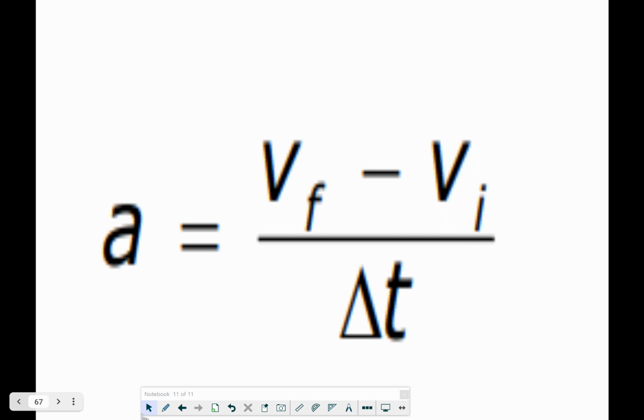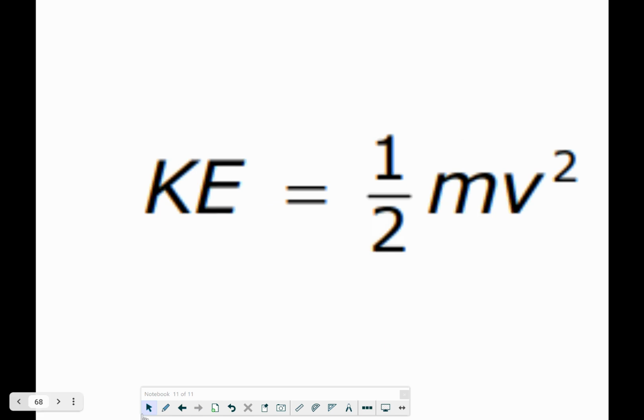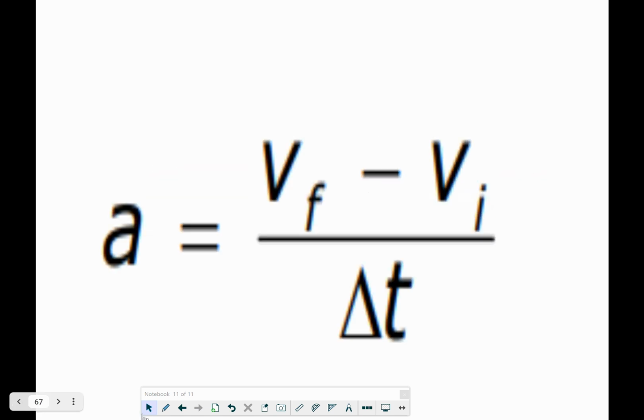All right. So here's another tricky one. Not really tricky. What you have to know is a subscript of F means final. A subscript of I means initial.